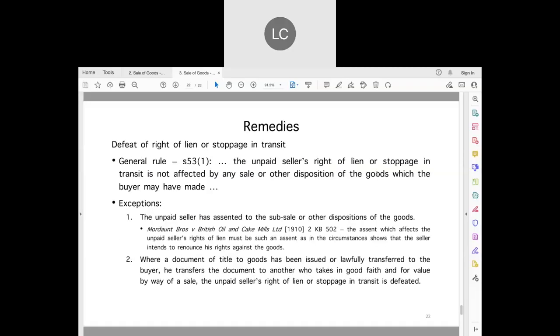Another one is the defeat of right of lien or stoppage in transit, meaning to say the seller may lose the right of lien or stoppage in transit.